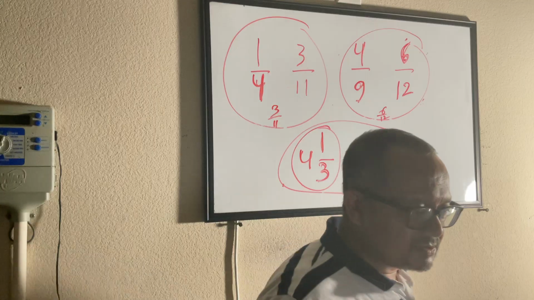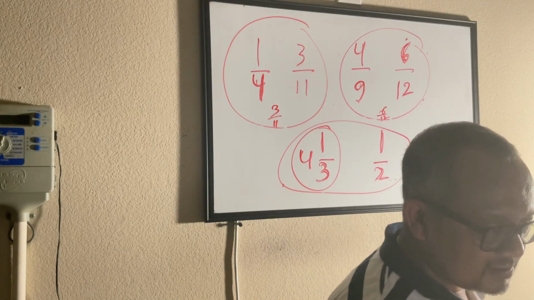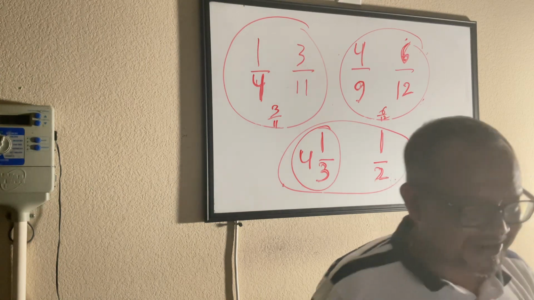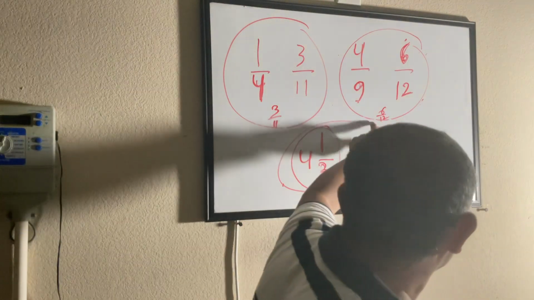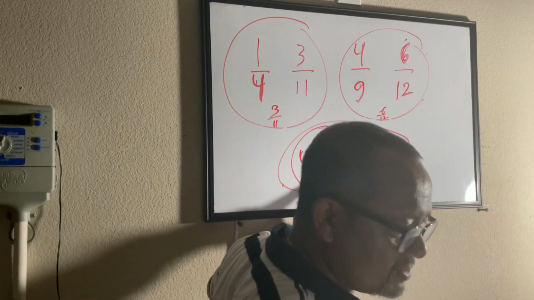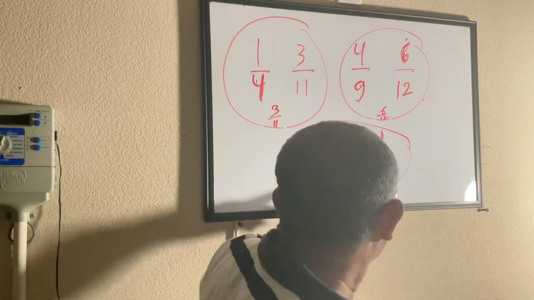Soita, keep it quick. The first answer is 3 11, and the second answer is 6 12. Then the third answer is 4 1/3.